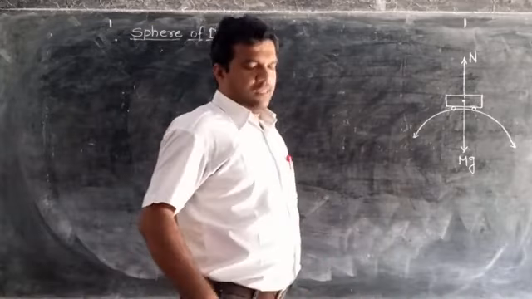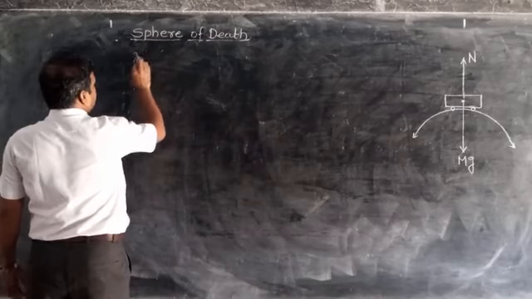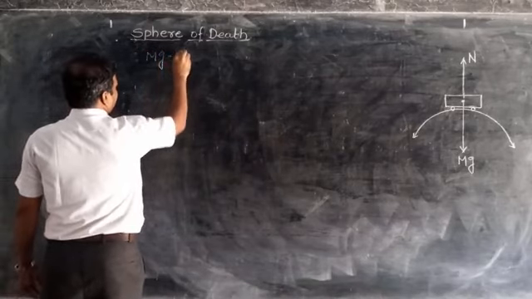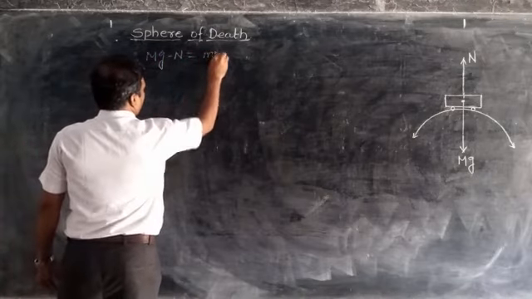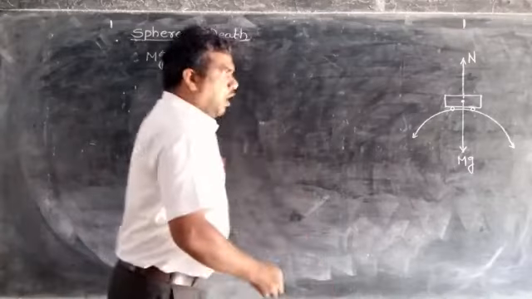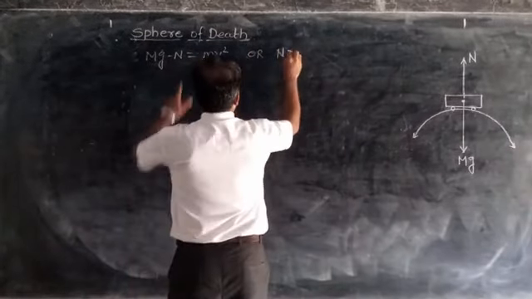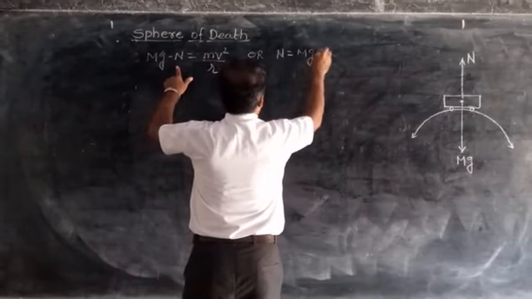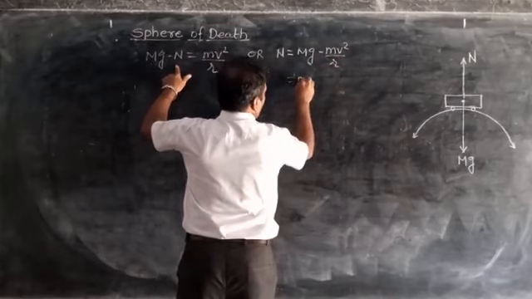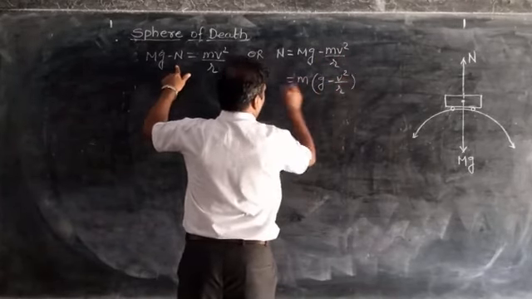So mg minus N is equal to mv square by r, or from this equation we can write N equals mg minus mv square upon r. This can be written as N equals m in bracket g minus v square upon r.